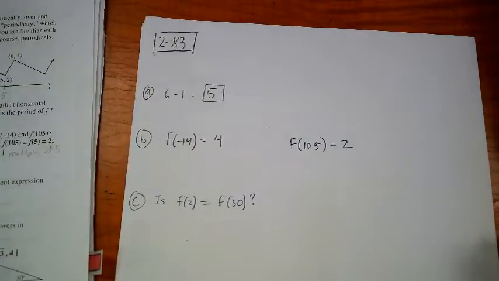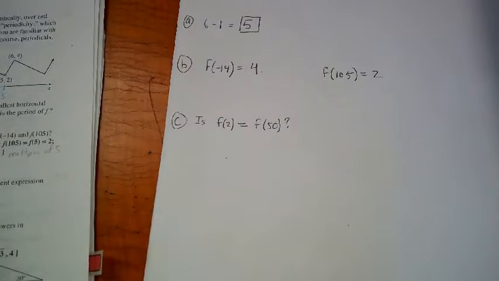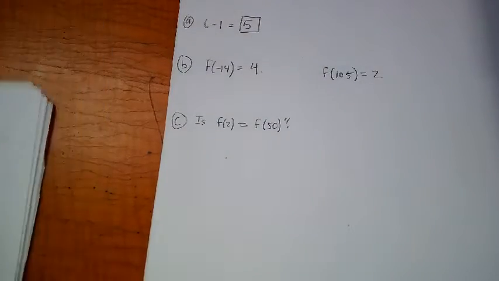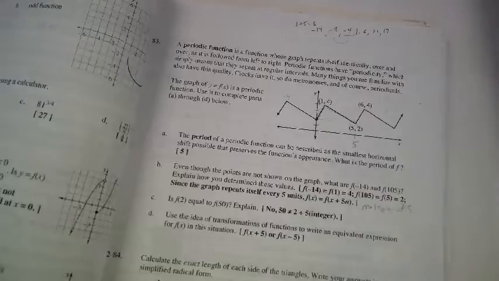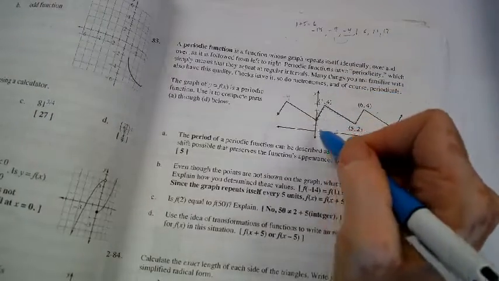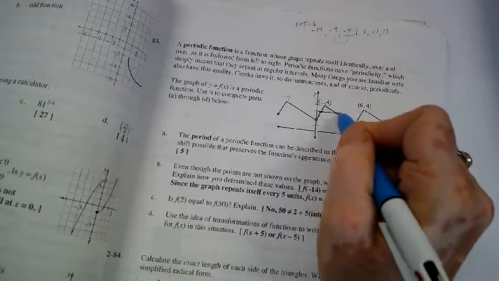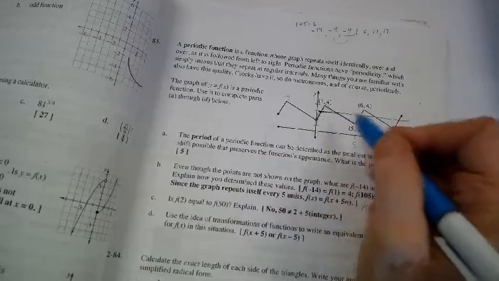And then it says, is f of 2 equal to f of 50? Well, what in the world? f of 2 is not a high point or a low point. If I look at my graph, f of 2 might end up being right in here somewhere.